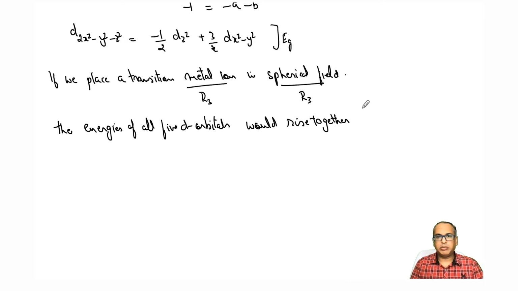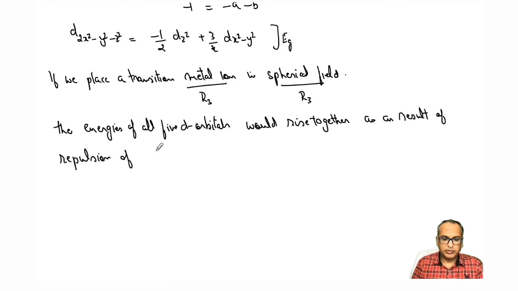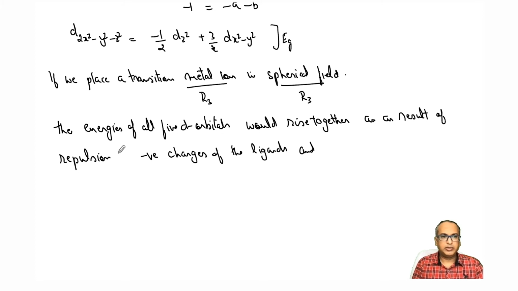This is if it is placed in a spherical field, and this happens as a result of repulsion, we should say repulsion between the negative charges of the ligands and the negative charges on the electrons in the metal ion.